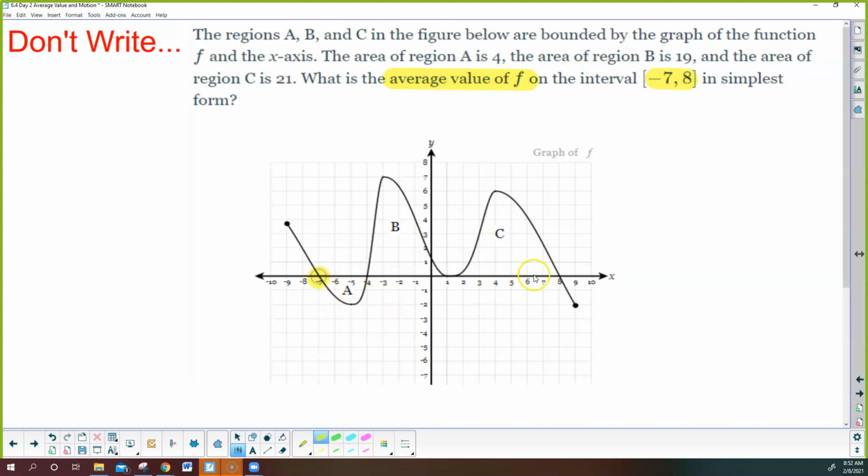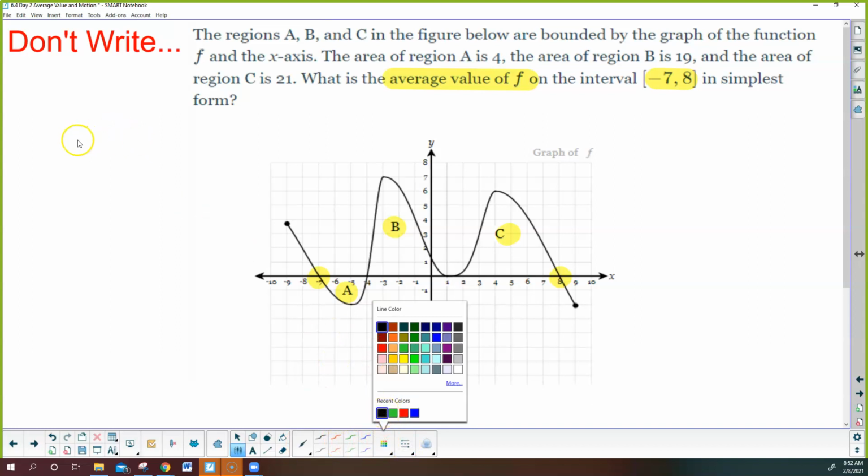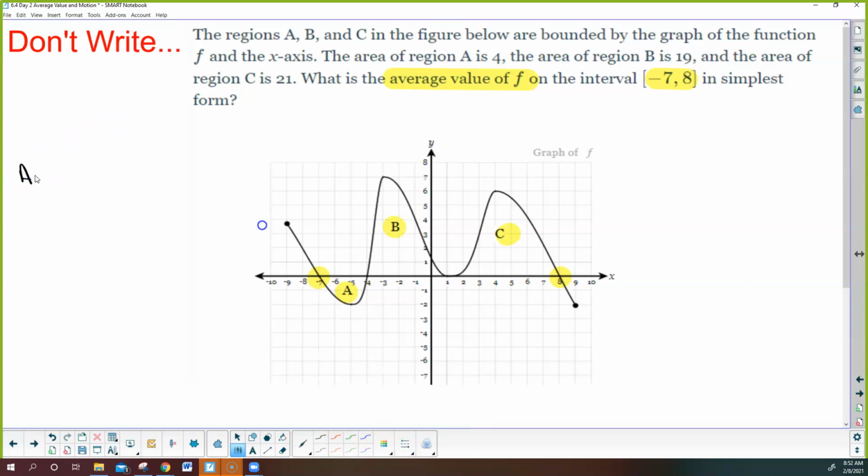All right, so I want to go from -7 to 8, which means I have to add up the area of those. So it's a really quick, this is just a, do you understand what the average value means? Okay, so we're going to go from -7 to 8 of the function f of x. Now that part alone is just adding these areas up. A was -4, B was +19, C is 21, so we're just going to add those up.